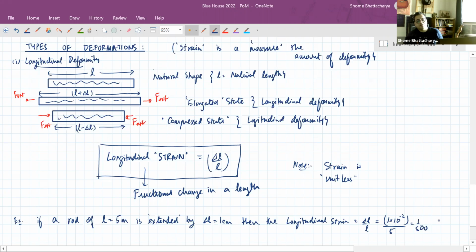So 1 by 500, or as I said, that is 0.2%.